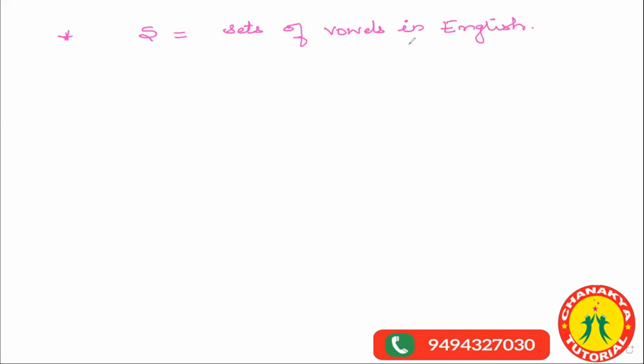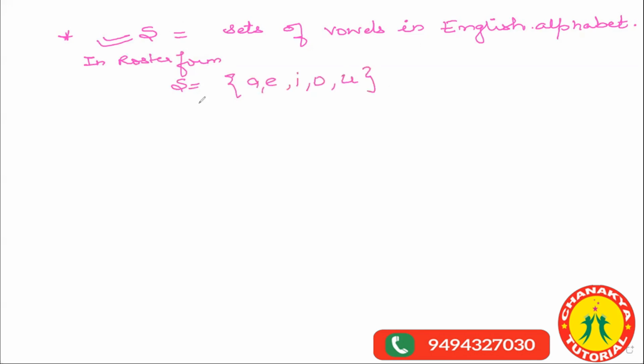First of all, Vedika, unmute yourself. Just tell me how we will represent this set in roster form first of all. S is equal to {a, e, i, o, u}.